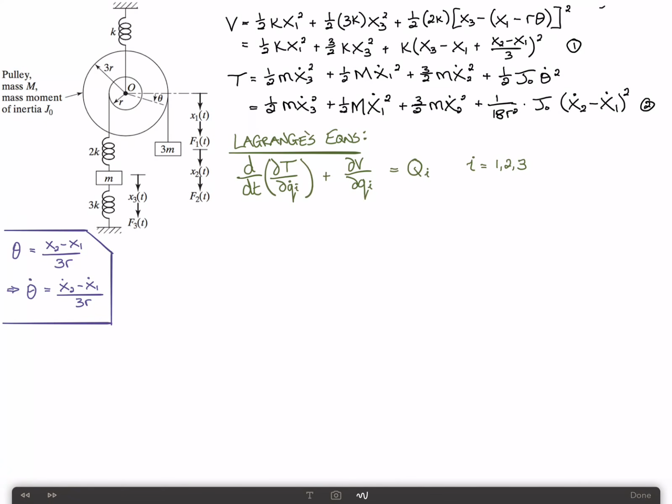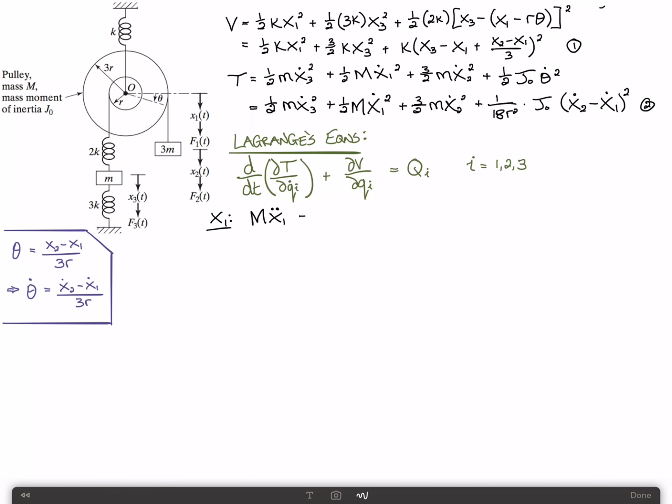So now we need to take the derivative with respect to each one of the generalized coordinates. So starting off with x1, the derivative of the kinetic energy with respect to x1 dot gives me, there's an x1 dot there and there's an x1 dot there, so those two terms. The first one gives me big M x1 dot, and the time derivative of that gives me a double dot. Okay, minus J0.